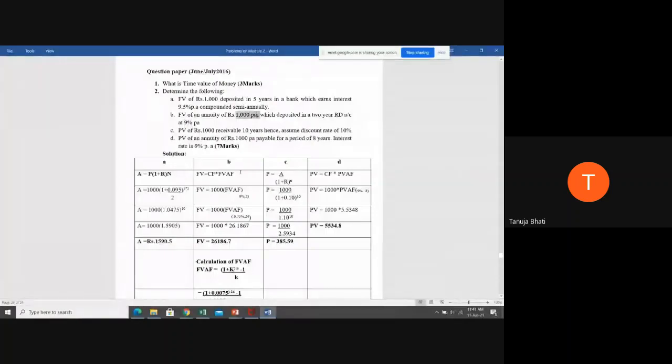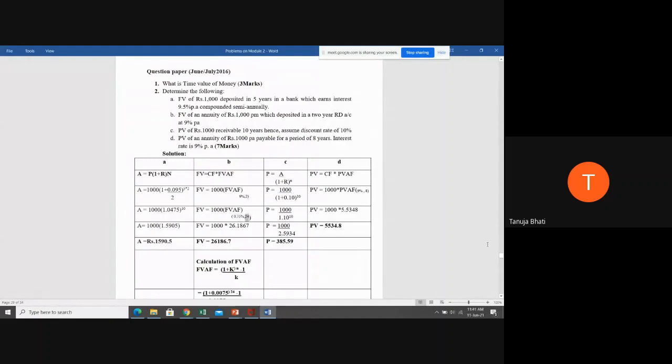In my calculation, future value is 1,000 into the future value annuity factor, which is actually 9% per annum for 2 years. But since this is monthly, I'm dividing 9% by 12 months, so I get 0.75%. And when I multiply 2 by 12, I get 24.